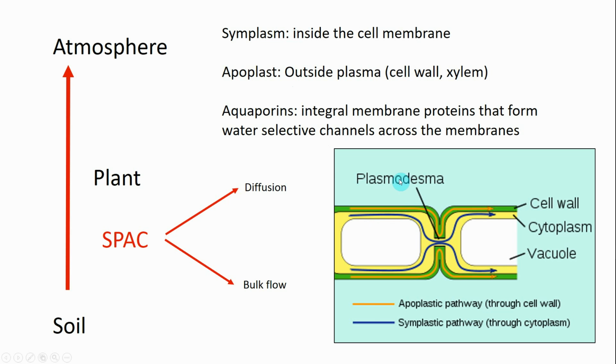It's a nice picture. And these aquaporins over here are an integral membrane protein that forms water-selective channels across the membranes. So that's really what allows osmosis to take place from one cell to another.